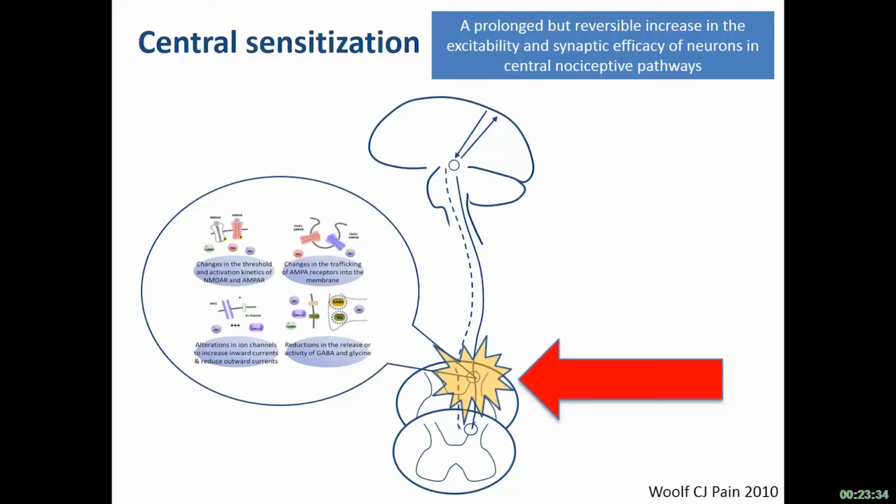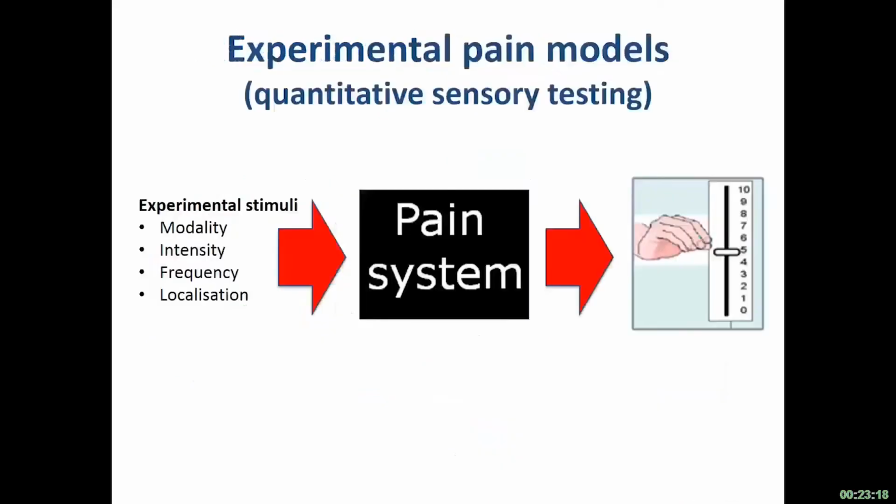The problem from a clinical perspective, however, is that we do not really have access to these mechanisms in the clinic at the bedside of the patients. Normally, the patients are not big fans of brain biopsies or clamp experiments in the spinal cord, so we have to do something else. What we can do is use experimental pain models, what we sometimes call quantitative sensory testing, to study phenomena associated with central sensitization.